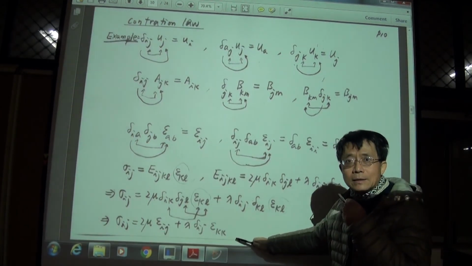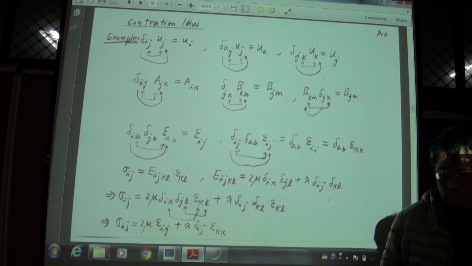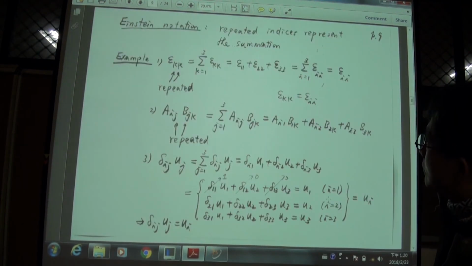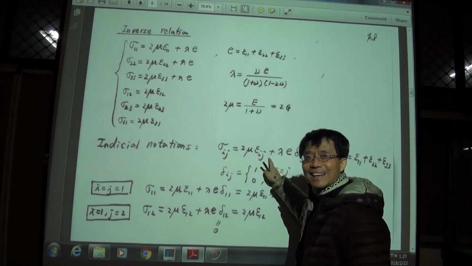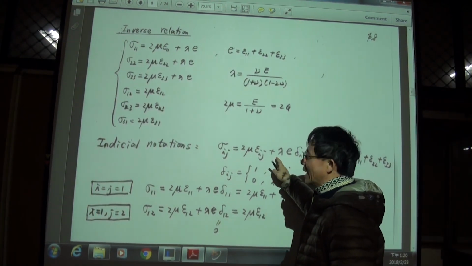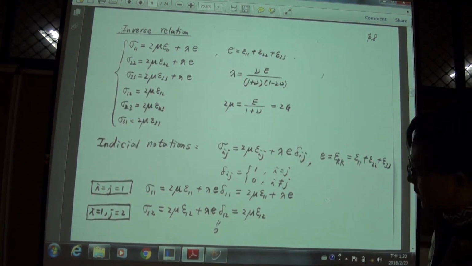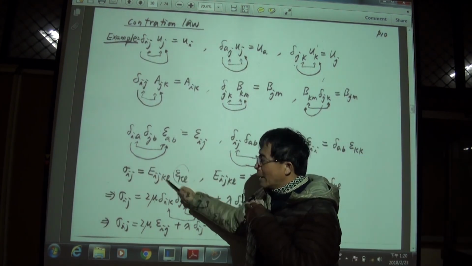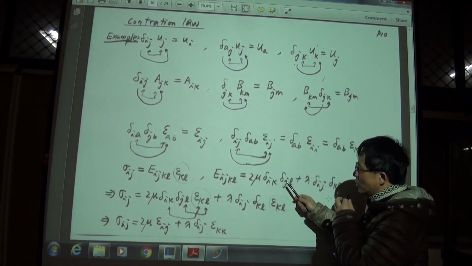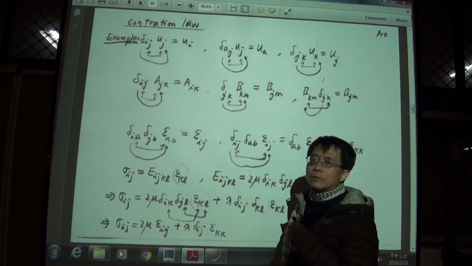But this one is just the relation we have talked about before. Yes, we get this old relation again from this more complicated relation. So this relation is actually equivalent to this relation.